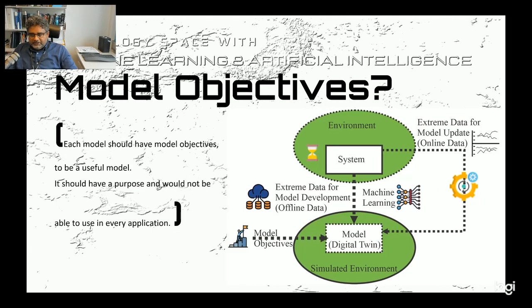When you're developing this type of digital twin model, you should always have model objectives, because these objectives make the models useful. These models will be developed for a specific purpose, and they would not be utilizable for every application. For example, if you develop a digital twin model for ship energy efficiency, you would not be able to utilize the same model for ship maneuvering.